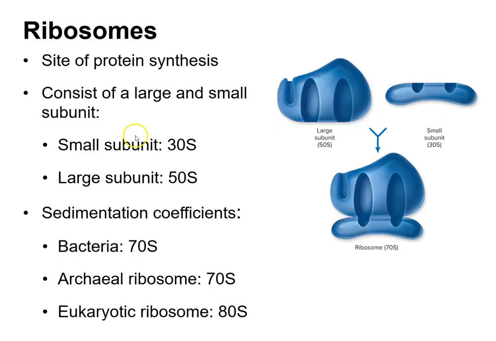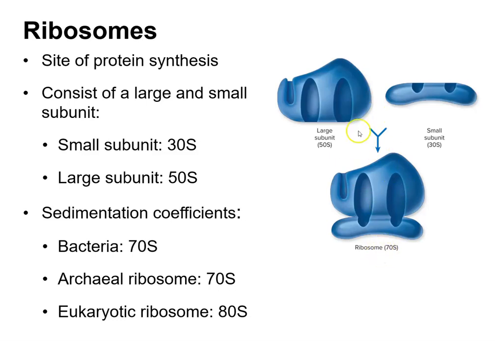The small subunit for prokaryotes is a 30S, so that's its sedimentation rate, and the large subunit is a 50S. When the subunits combine to complete the ribosome, you would normally think, okay, 50 plus 30 would be 80, but that's not quite the case. Our full ribosome is a 70S instead.